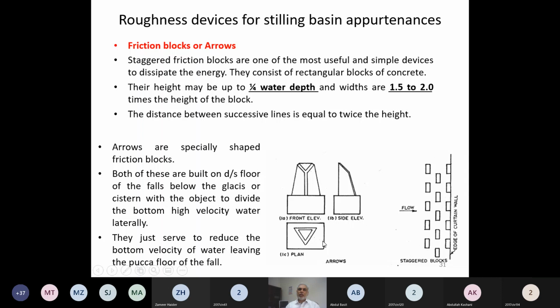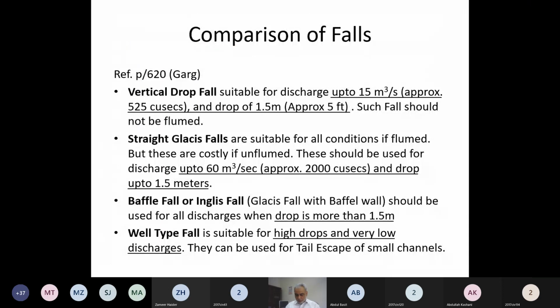So these were some introduction of some of the devices which can be utilized for dissipation of the energy. Mainly we can divide them into two components. One is the device in the shape of a wall, which is provided at the end of the cistern. It can be of the shape of a deflector, a 90-degree deflector. It can be the shape of a 180-degree deflector, which is called a baffle wall.